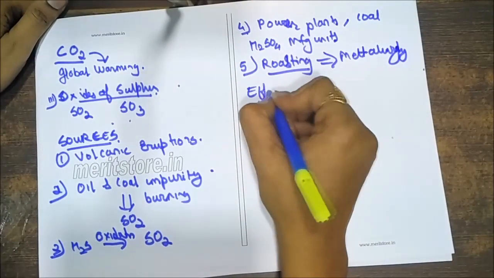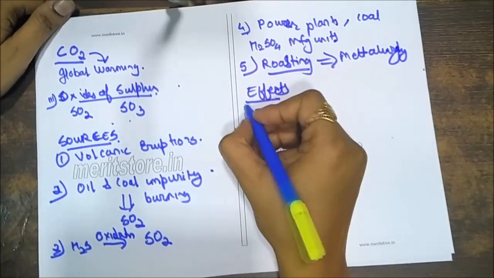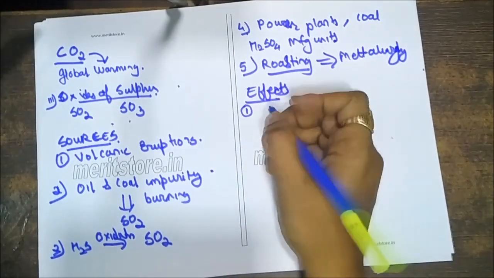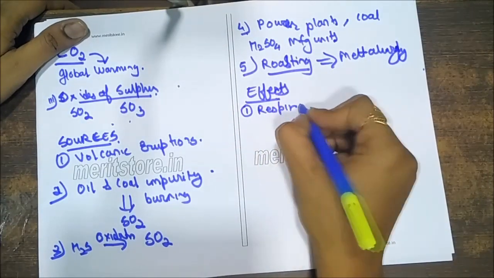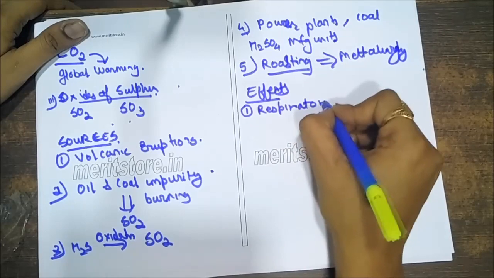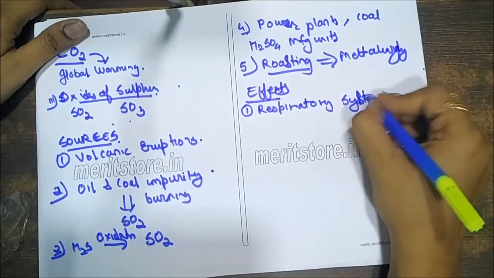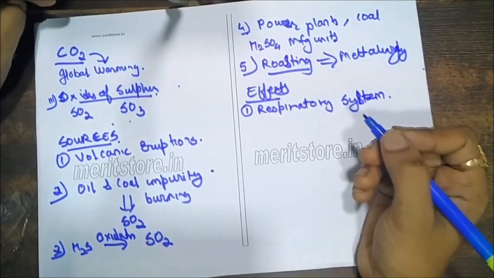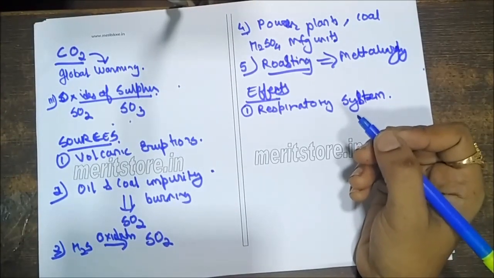Let's study some effects. We said it is having a very irritating odor, so that means it is first going to affect the respiratory system. Respiratory system is severely affected. Even the lungs are very adversely affected. Alright, so it will cause different kinds of diseases like asthma, emphysema, bronchitis.